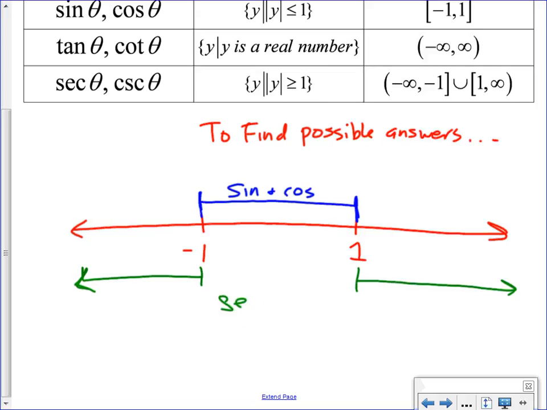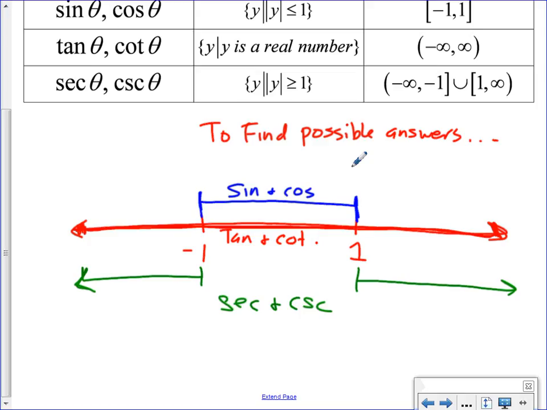So secant and cosecant can have an answer, but it cannot be between negative 1 and 1. Tan and cotangent can be anything, so tan and cotangent can be everywhere. So these answers seem silly, but there's going to be a purpose for it eventually.